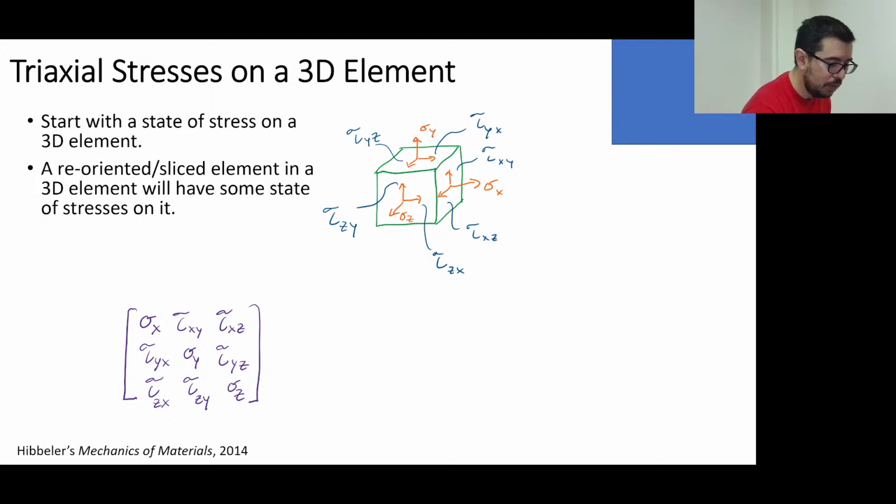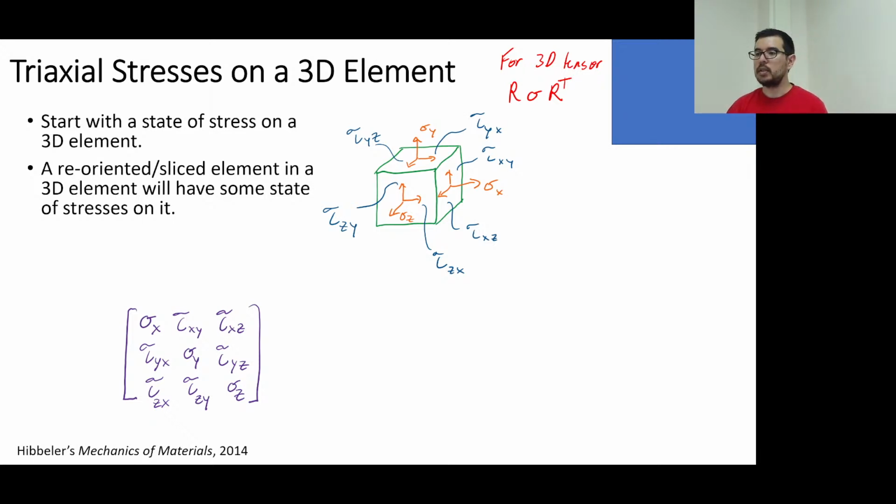So for a 3D tensor, the simplest way to come up with a new state of stress, if you know the rotations, is to use R times sigma times R transpose. Yeah, that's the simplest way.